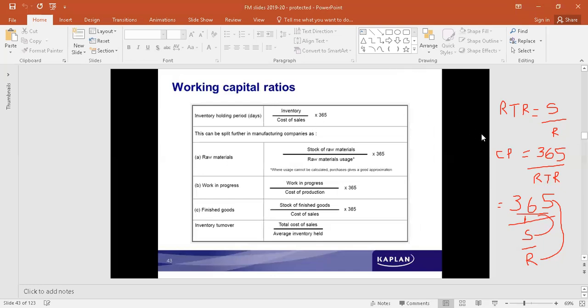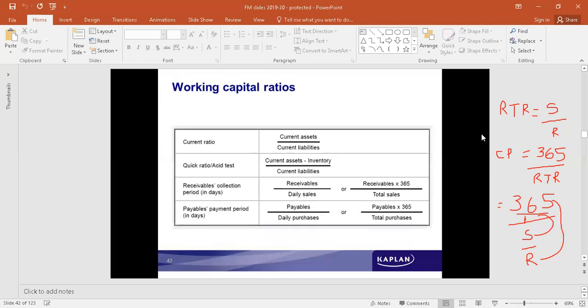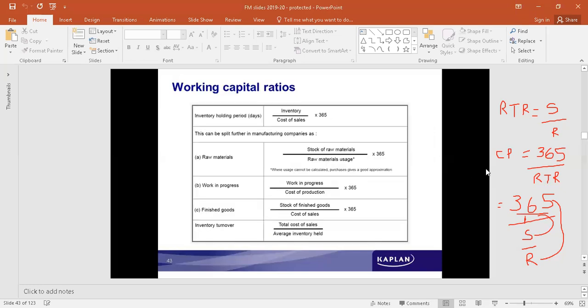The term used is different for different situations. For receivables, it is credit sales. For payables, it is credit purchases or total purchases. In case of inventory, it is cost of sales. So we take inventory into 365 by cost of sales. It's not sales, but it is cost of sales.